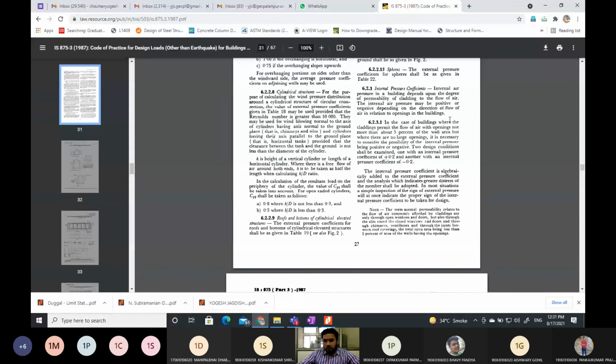this is the case of buildings where claddings and airflow openings are not more than 5%. So in case of less than 5%, the wall has no large openings. So the internal pressure coefficient for that case is plus or minus 0.2.